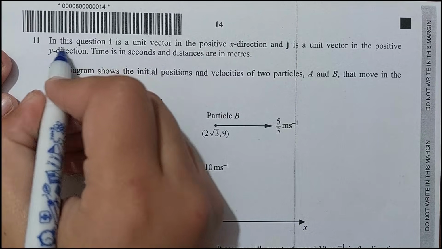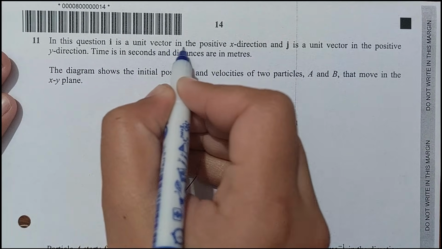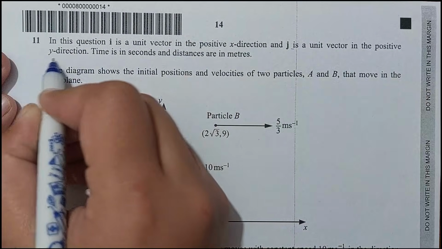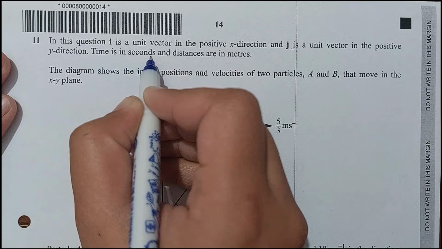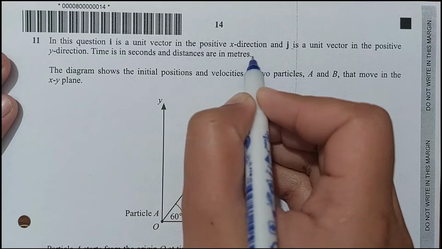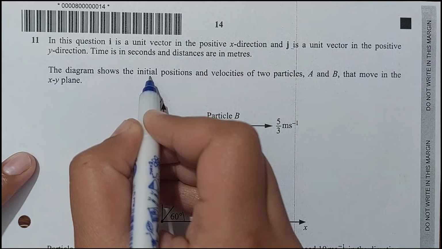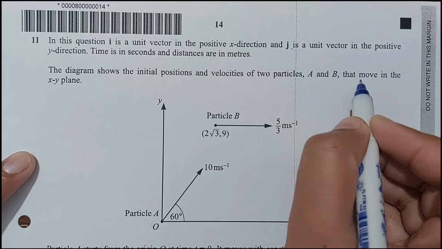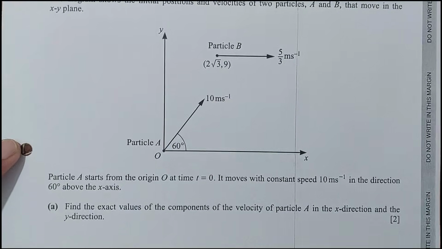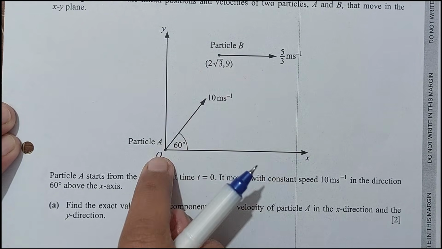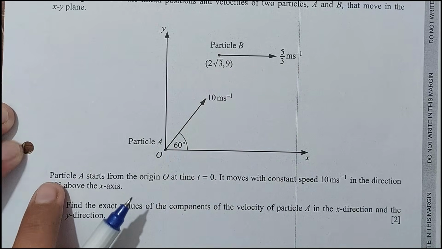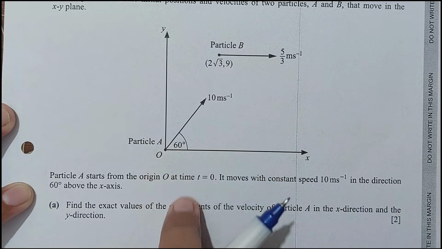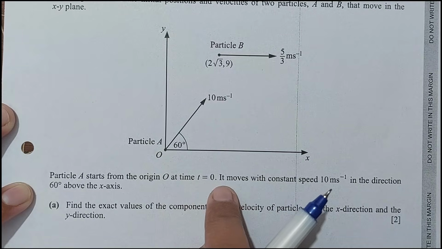Question number 11. In this question, i is a unit vector in the positive x direction and j is a unit vector in the positive y direction. Time is in seconds and distances are in meters. The diagram shows the initial positions and velocities of two particles A and B that move in the xy plane. Particle A starts from the origin O. This is the initial position at t equals 0.